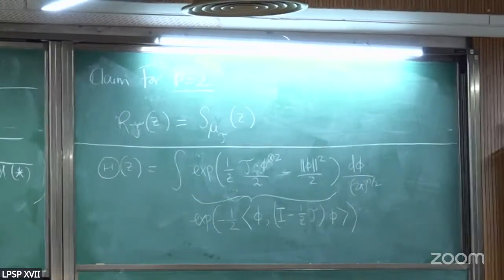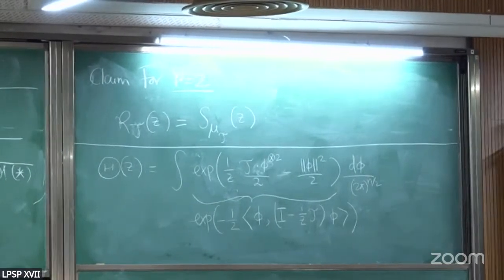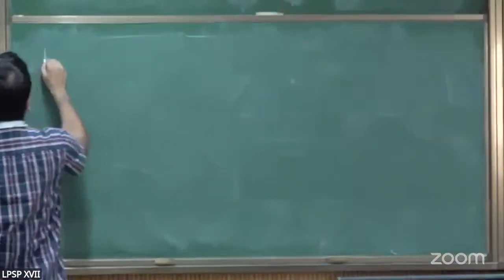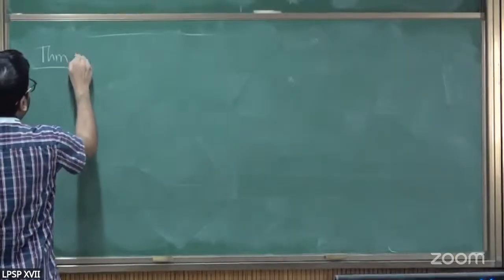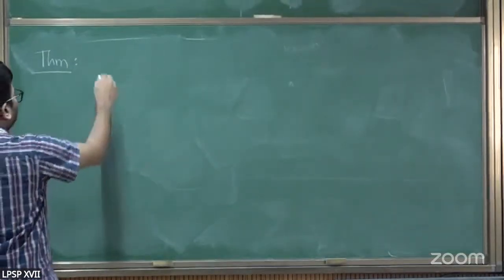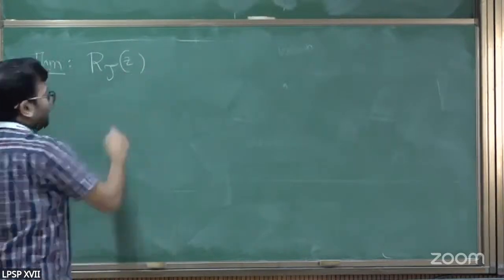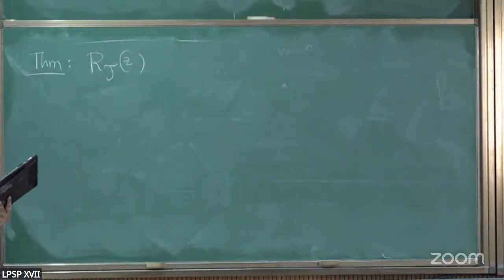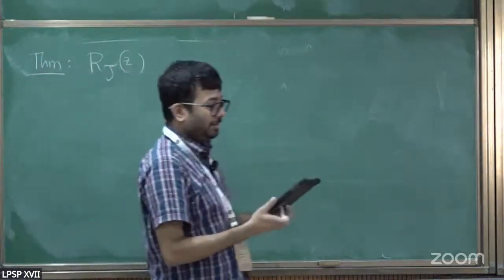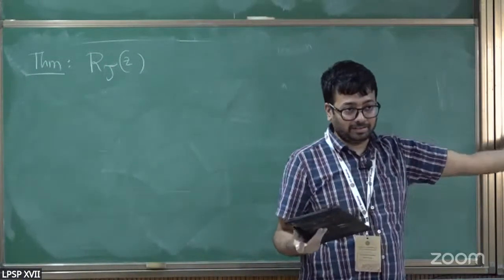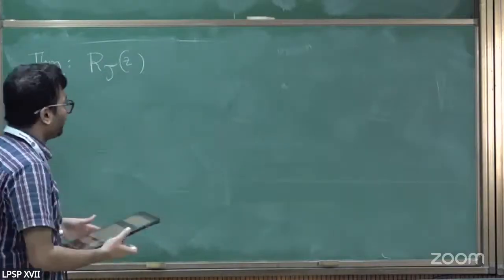So now here is another theorem, which shows that this R tau z is in fact a Stieltjes transform of a probability measure. That is not guaranteed, right? For matrices it is guaranteed, but this is in fact the Stieltjes transform of a probability measure.